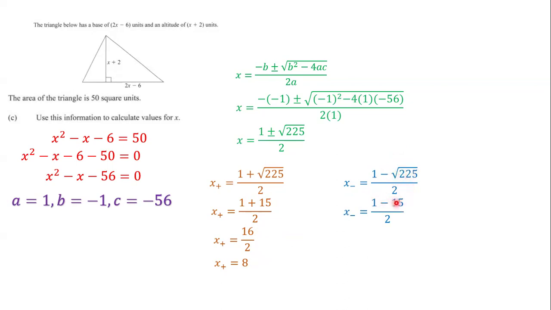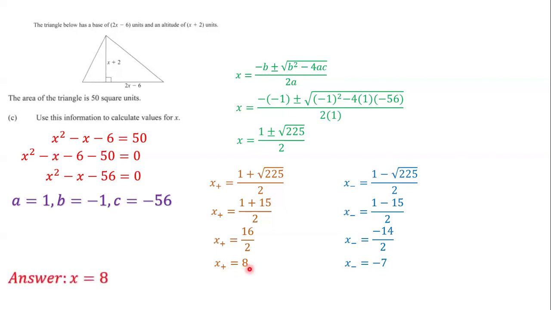And so we have 1 minus 15 all over 2. 1 minus 15 is equal to negative 14. And so we have negative 14 divided by 2, and negative 14 divided by 2 is definitely negative 7. So x negative is equal to negative 7, and x positive is equal to 8.